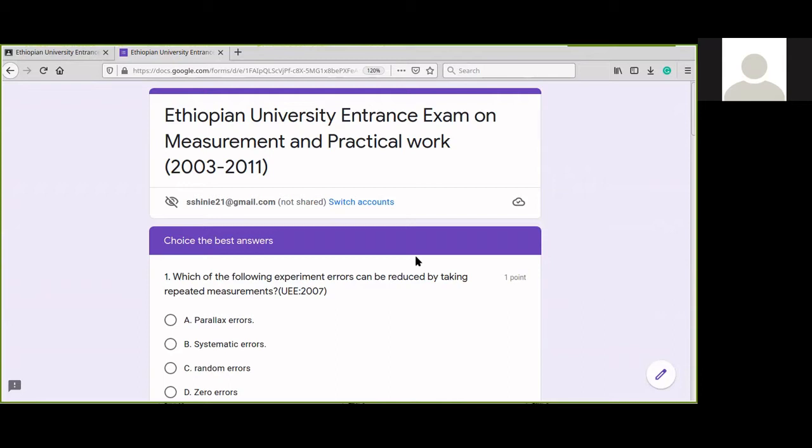So maybe the random error is reduced by taking repeated measurements because this is coming from the person's side. Therefore, we can reduce the random error by taking the repeated measurements. Excellent. So option C is the correct answer.